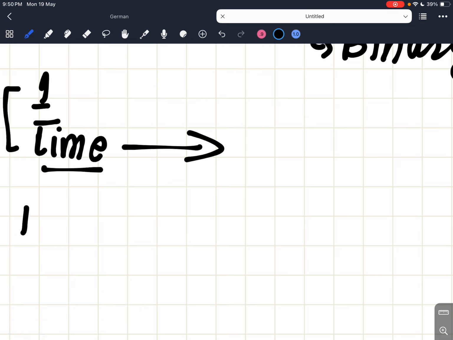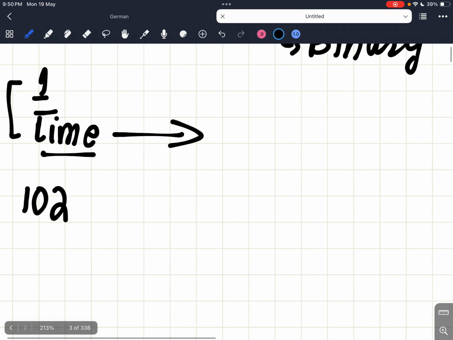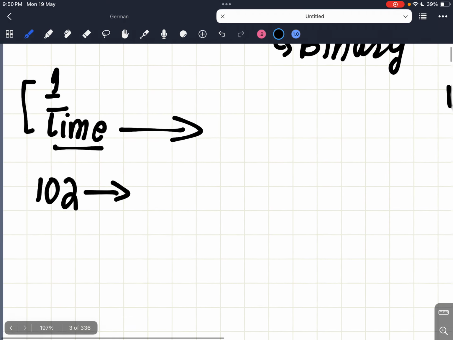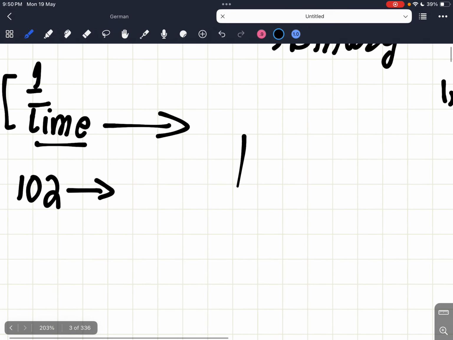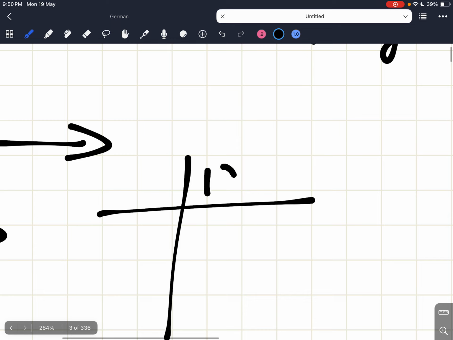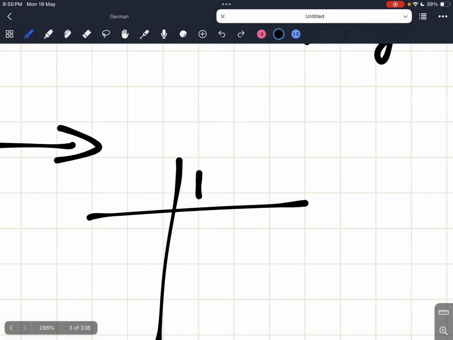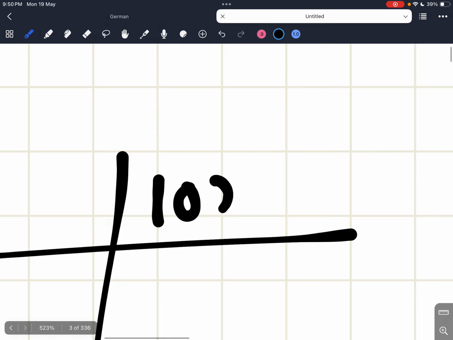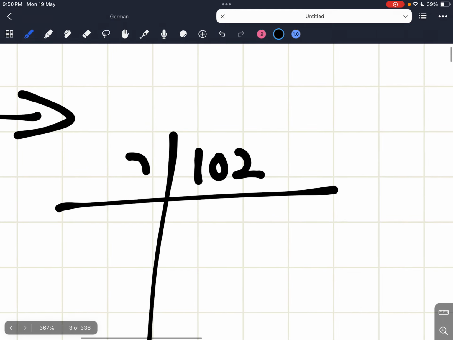For instance, if I write 102 on my computer, how will this be shown in the binary system? The easiest way is the division method that we all know. We're converting into binary, so we will divide only by 2.